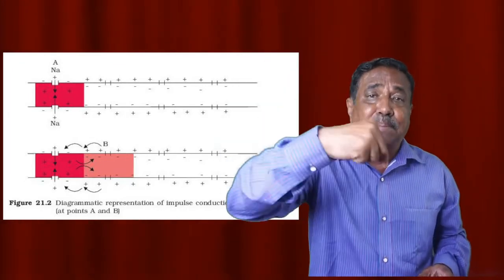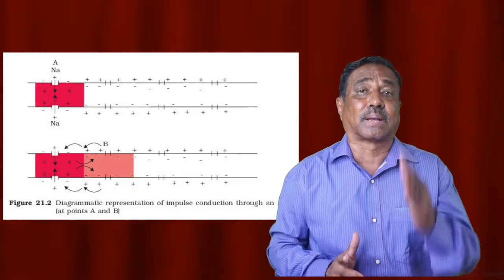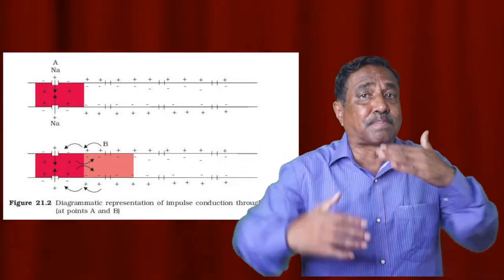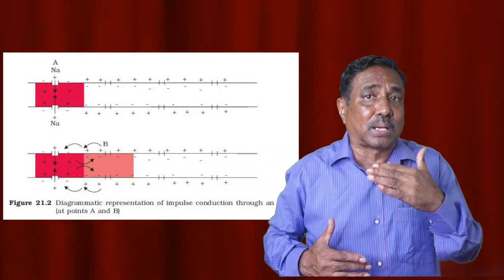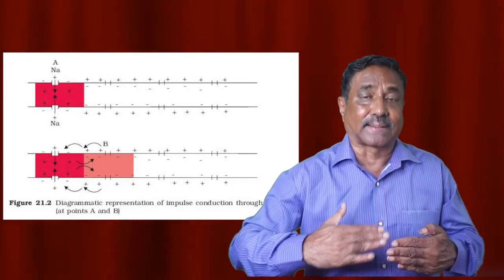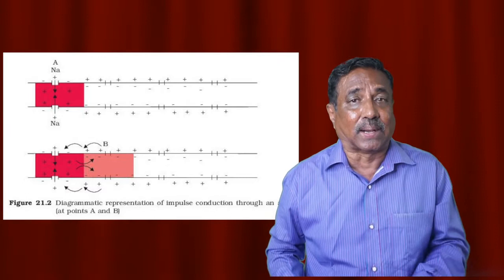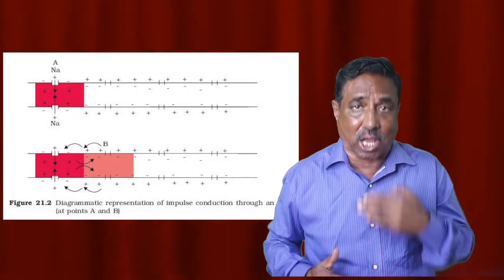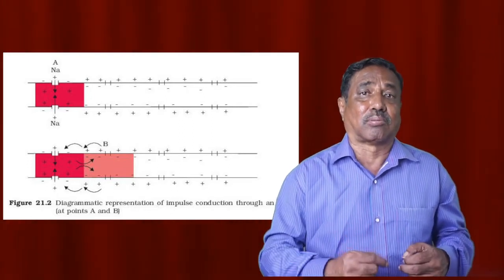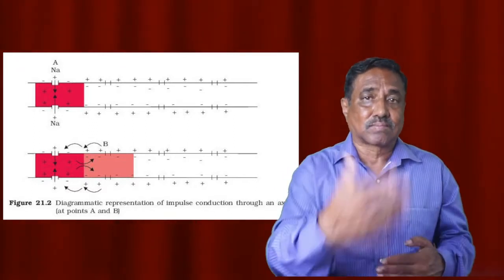Where the impulse is present, what happens? It becomes the action potential stage. Then the membrane becomes permeable to Na plus ions, and as a result K plus ions move out, and these Na plus ions which are present in the inner region are short-lived, and the negatively charged ions also move out along with the K plus ions.